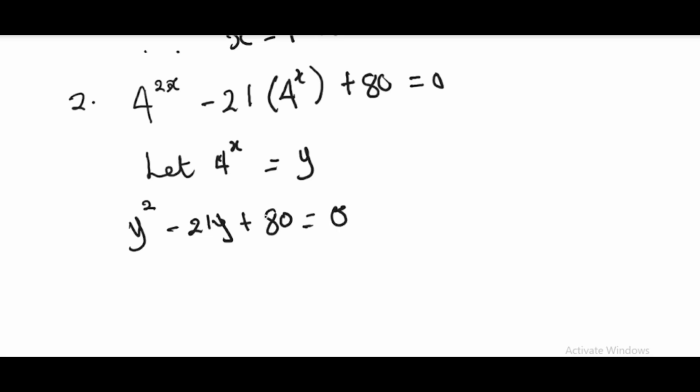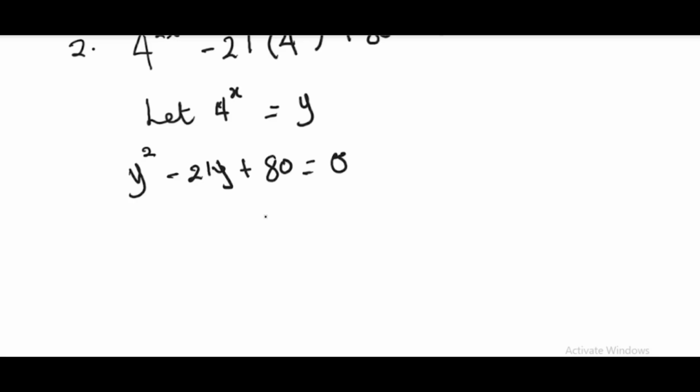Okay, so the first thing that should come to our mind is, can we factorize? Yes, we can. So we have minus 16y. Let's just go straight and factorize. I believe that the breakdown in number 1 will help you understand how I did this in number 2.